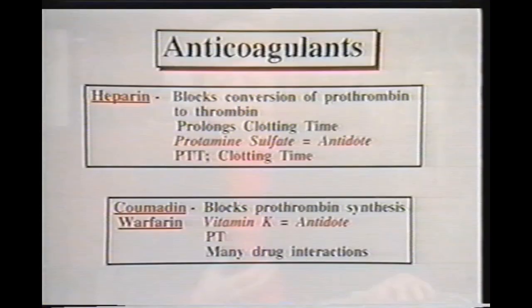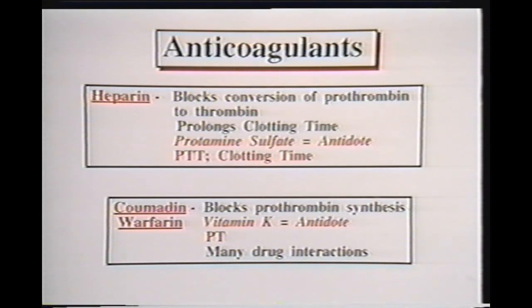The diagnostic test to monitor the effectiveness is PT, prothrombin time, and we want it about 1.5 to 2 times the control or normal value. It may be reported in INR, and usually therapeutic levels are again around 2. Remember that there are many, many drug interactions with Coumadin.